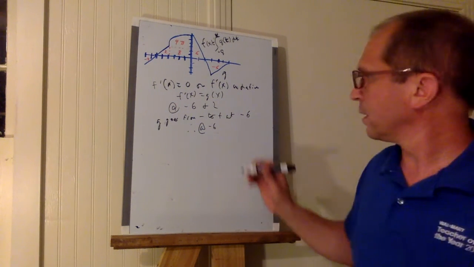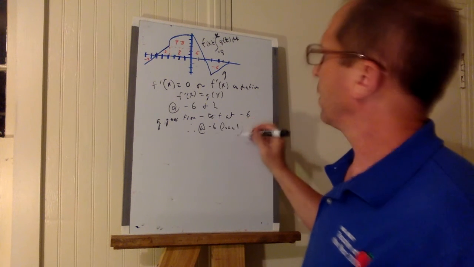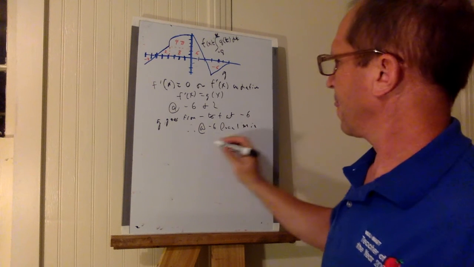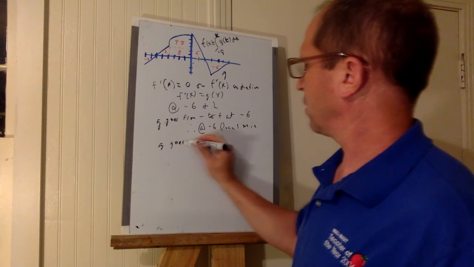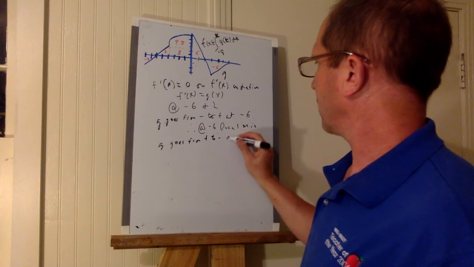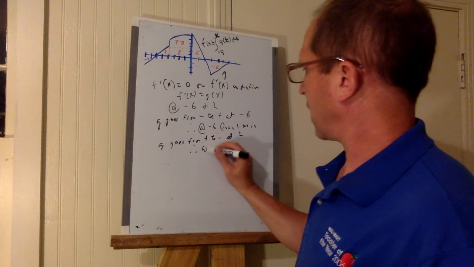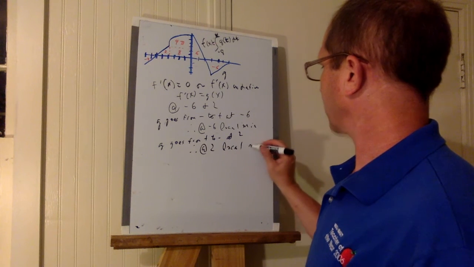Yeah, they do. So at negative 6, we have a local minimum. And g goes from positive to negative at 2. Therefore, at 2, we have a local maximum.